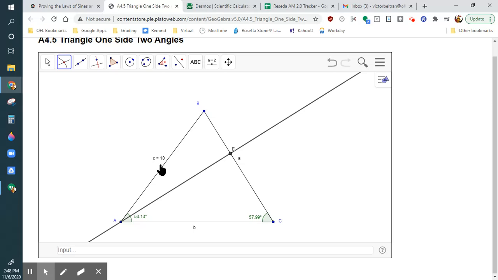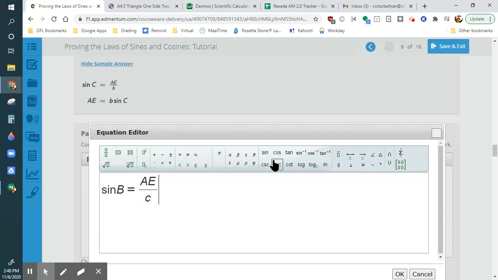We're not going to actually use the 10. It wants us to use variables, so we're just going to say little c. So this ends up being AE equals little c times sine of big B.